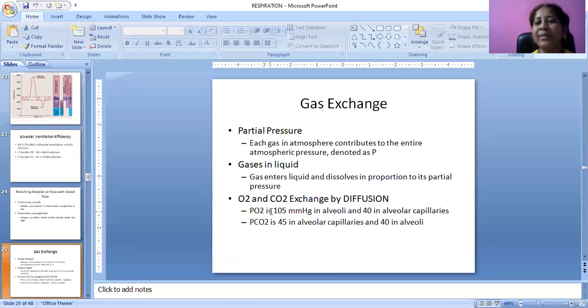Oxygen and carbon dioxide exchange by diffusion. Partial pressure of oxygen, that is PO2, is 105 mmHg in alveoli and 40 in alveolar capillaries. Partial pressure of carbon dioxide is 45 in alveolar capillaries and 40 in alveoli.